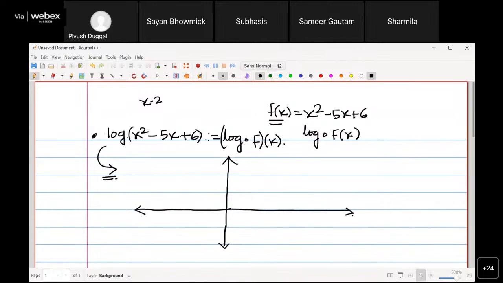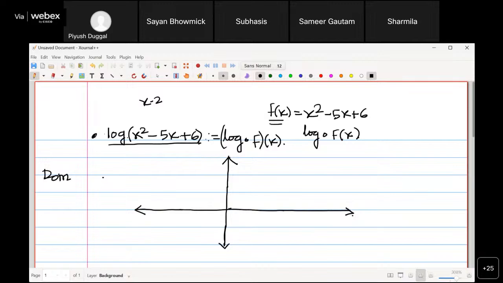Right. So to find the domain of the function, you need to find all the points for which the value of this parabola is positive. That means this quadratic is positive, right?